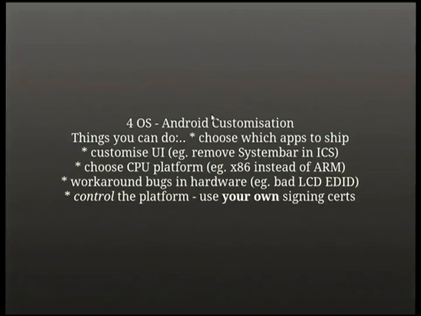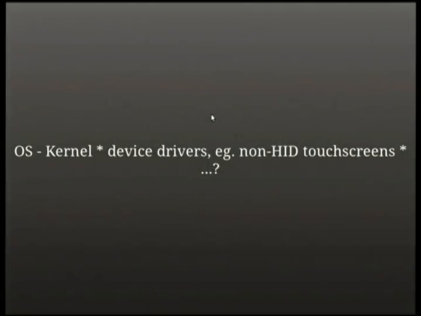Intel is slowly starting to do stuff, but pretty much you're on your own. It works, but you've got to do a bit of work yourself. You control the platform. Importantly, you now get to put in which certificate the system checks when it lets apps access privileged APIs.